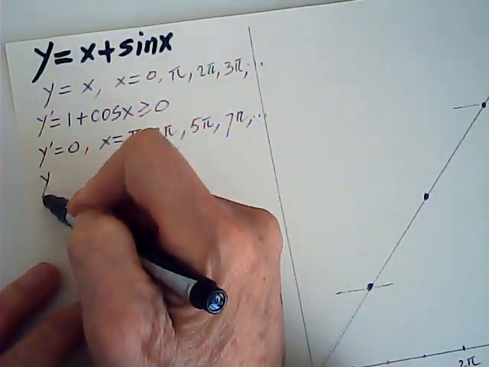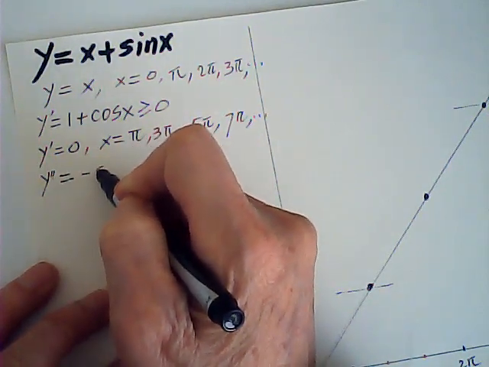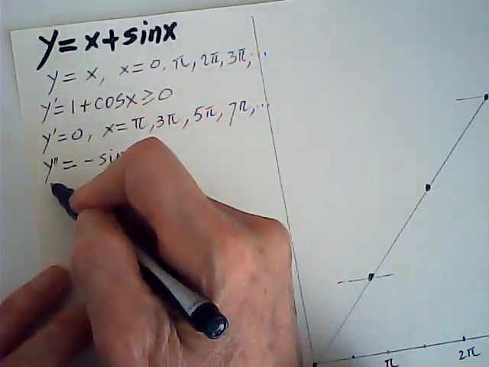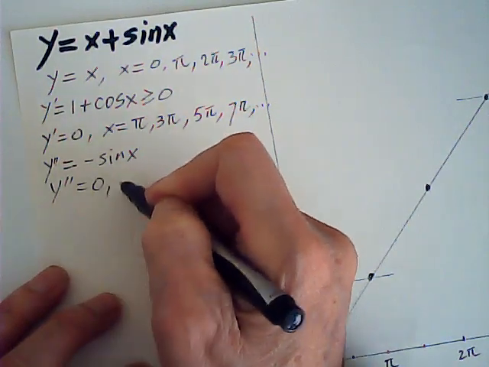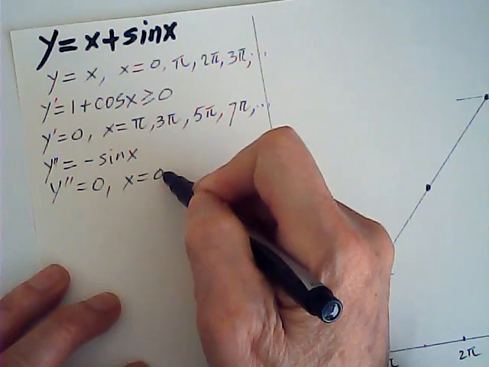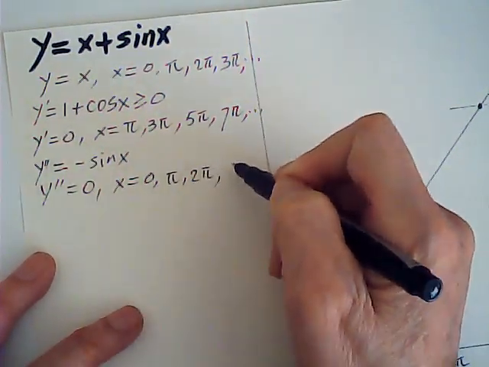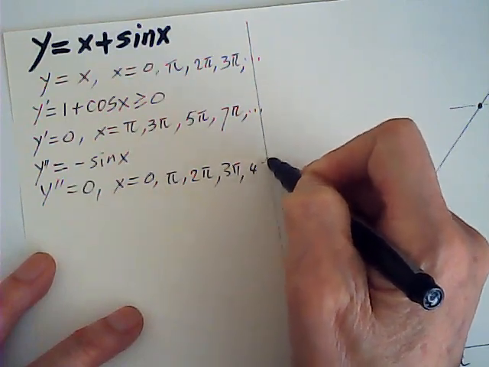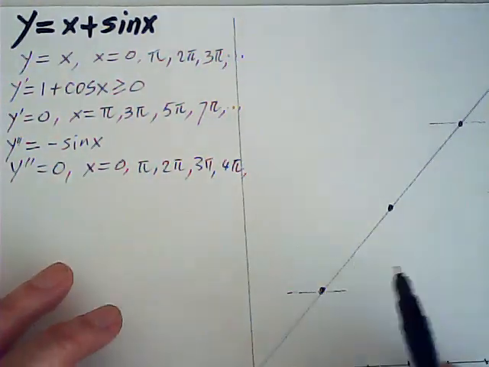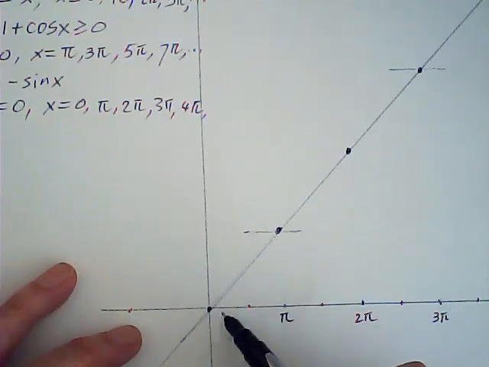Now then, the second derivative is equal to negative sine x. At the second derivative equal to 0, x is equal to 0, pi, 2 pi, 3 pi, 4 pi, and so on. So at these points, likely we have points of inflection.